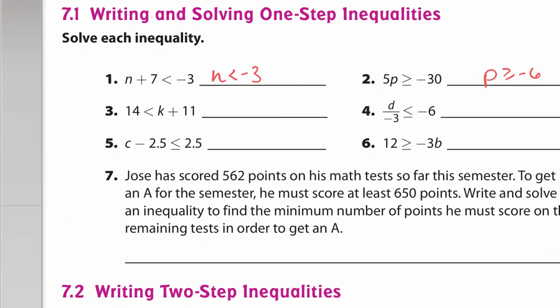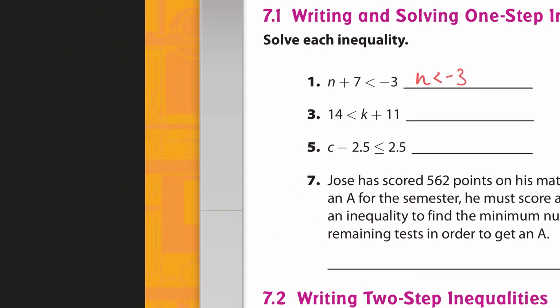Okay, the next one, let's go back and forth here. Number 3 is 14 is less than k plus 11. And now, in the other cases, we were messing with the left-hand side. But here, the constant is with the variable on the right-hand side. So we're going to subtract 11, not 14. If you subtract 11 from both sides, 14 minus 11 is 3.